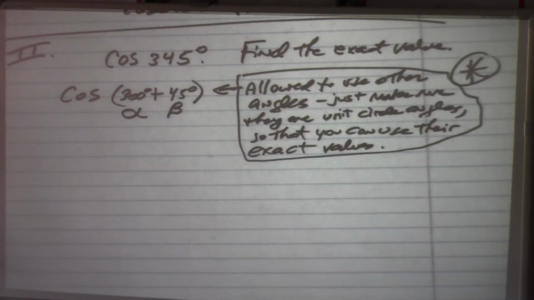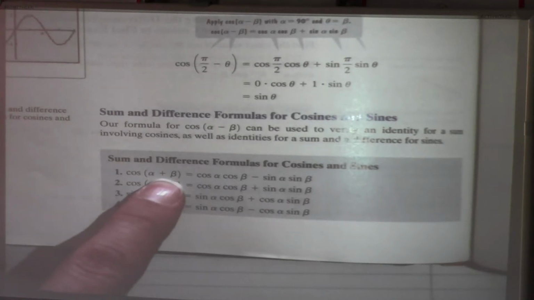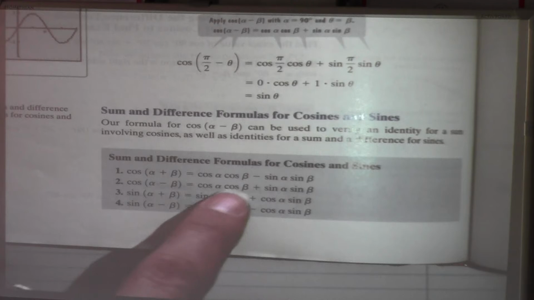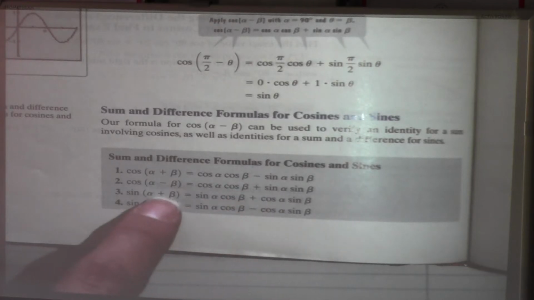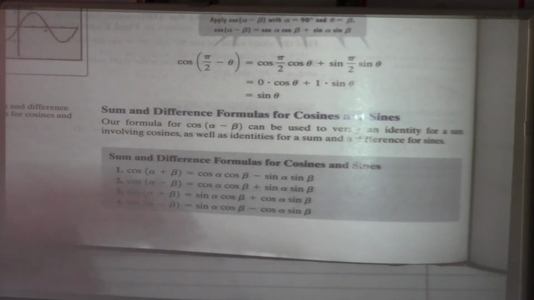The page that it's on, they have these at the bottom of 558. And here they've written them out separately. So here's the plus for cosine, and it's minus here. And here's the minus for cosine, plus there. And for sine, plus and minus, it's the same, plus and minus. Tangents are on another page. I'm going to look at that one later.